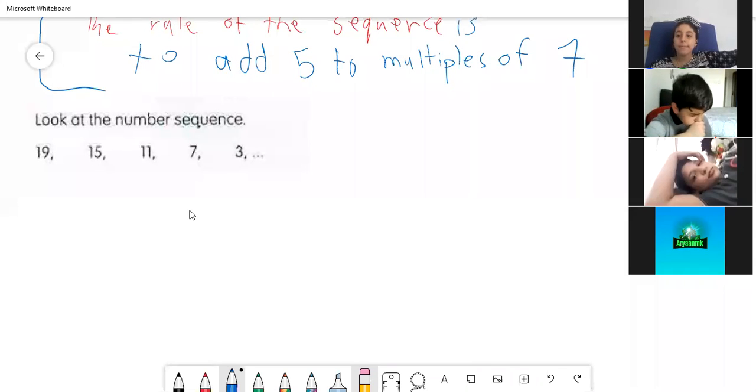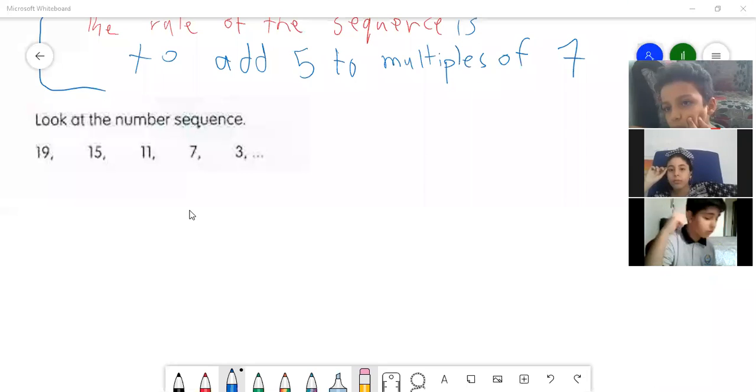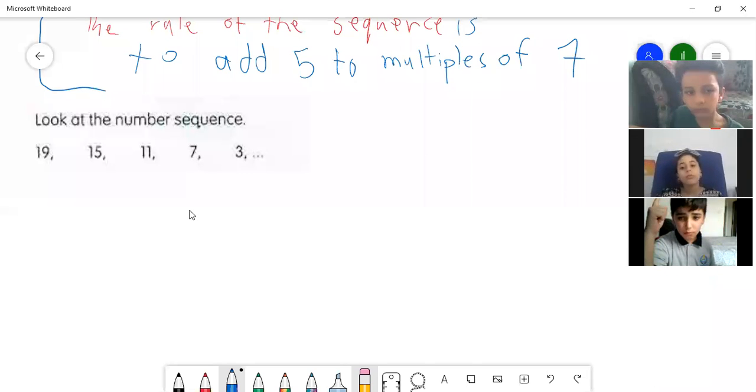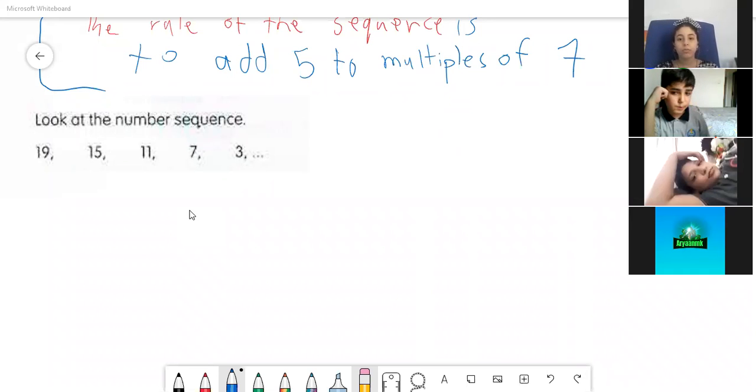Okay, look at this number sequence. Who can tell me what the sequence is here? Noor? Minus 4. Okay, we are subtracting 4 each time, right?